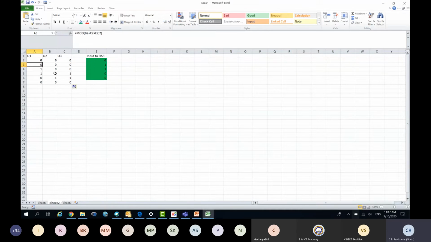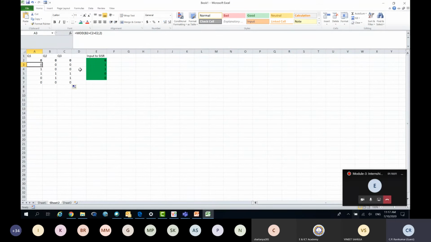I have made some mistake here. What is it? B2 is this guy, C2 is here, and this is the input coming from the other circuit, E2, and this is A2, and oh, okay, this is wrong.